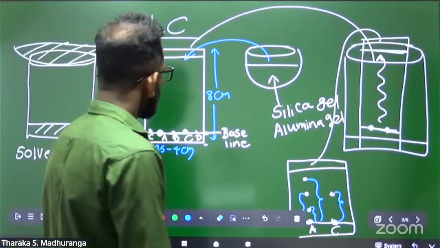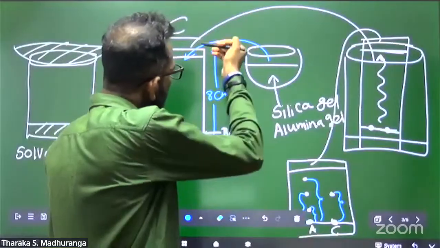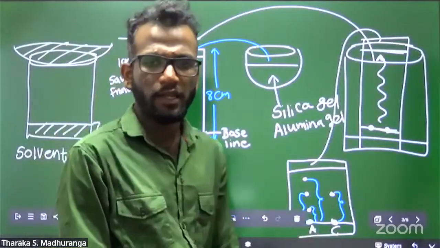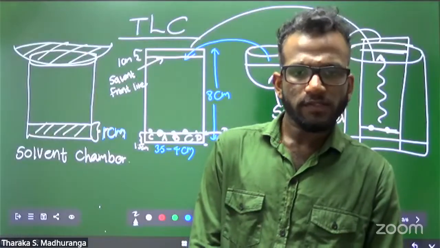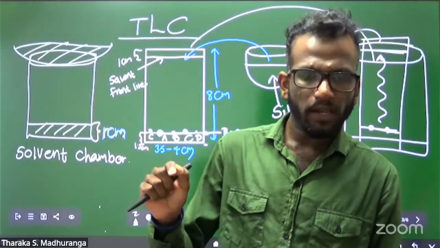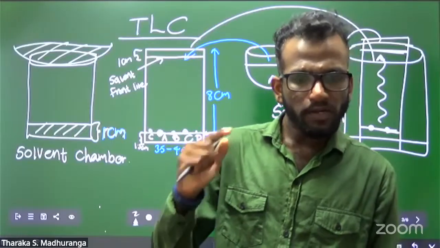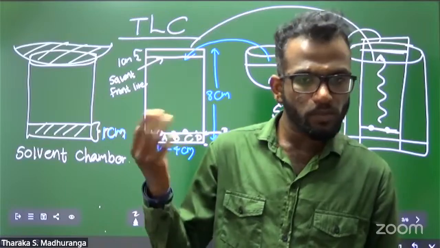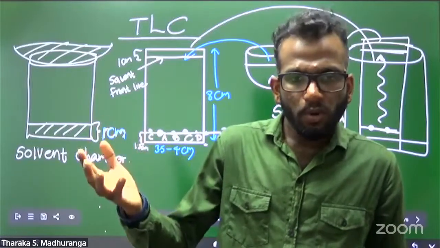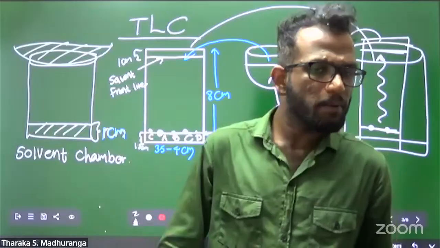I told you, when we draw the baseline and solvent front line in thin layer chromatography and paper chromatography, if there was an exam question, what are the factors you need to consider while drawing the solvent front line and baseline?